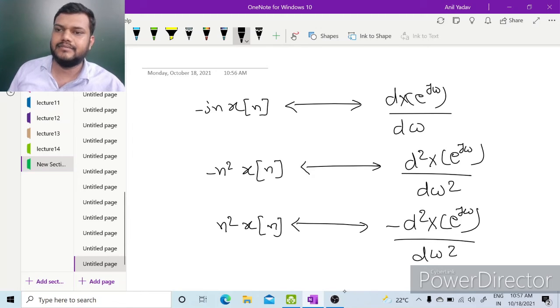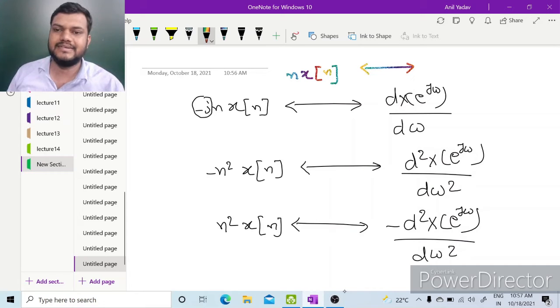And n x[n]: we multiply with minus j on both sides, so this becomes minus minus plus j square, value minus 1, and here again minus j, so it will be j dX(e^jω) by dω.